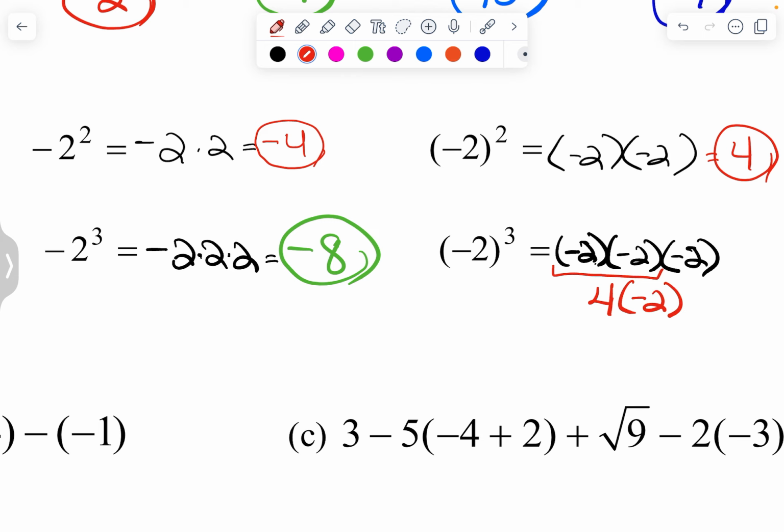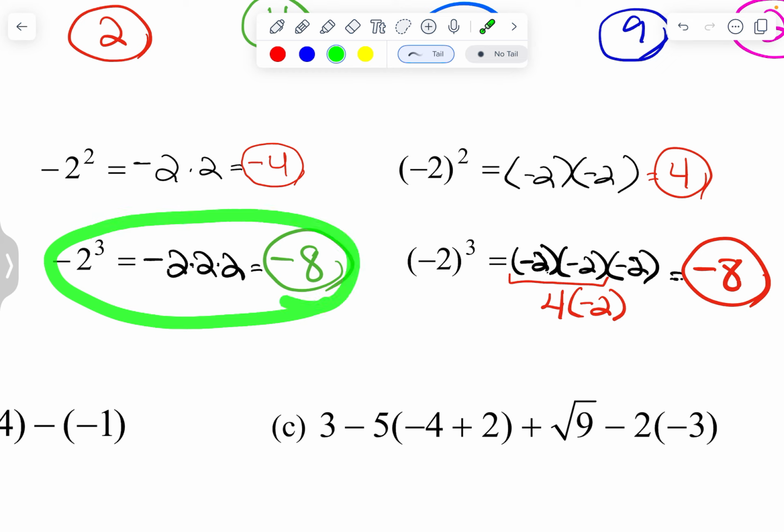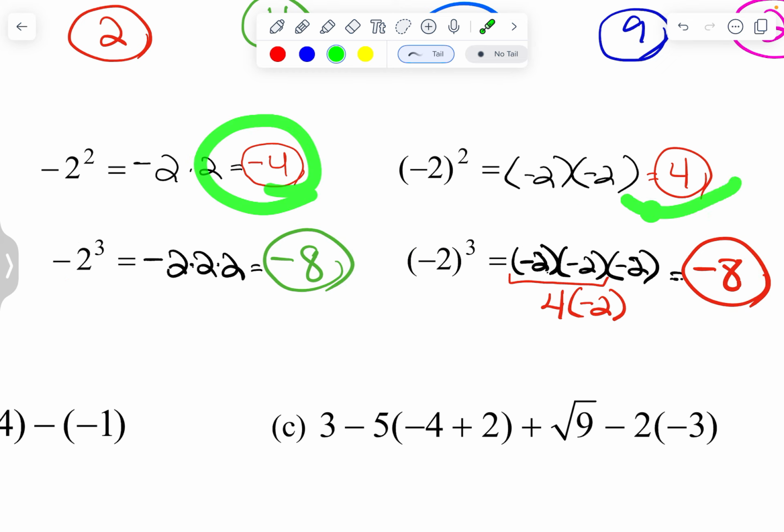Well, +4 times -2 is a -8. So sometimes the answers will match, right? And sometimes the answers will not match. So you want to be careful when you're dealing with the signs. Just make sure you approach them all appropriately with the right exponent.